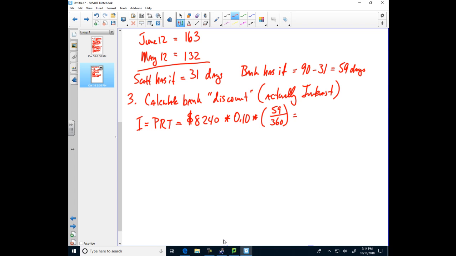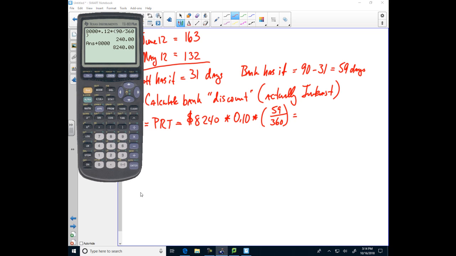So, calculator. Let's see. I like it when the calculator cuts off just as I'm getting ready to punch a key. 82.40 times 10% times the quantity, 59 divided by 360. Okay, press enter.